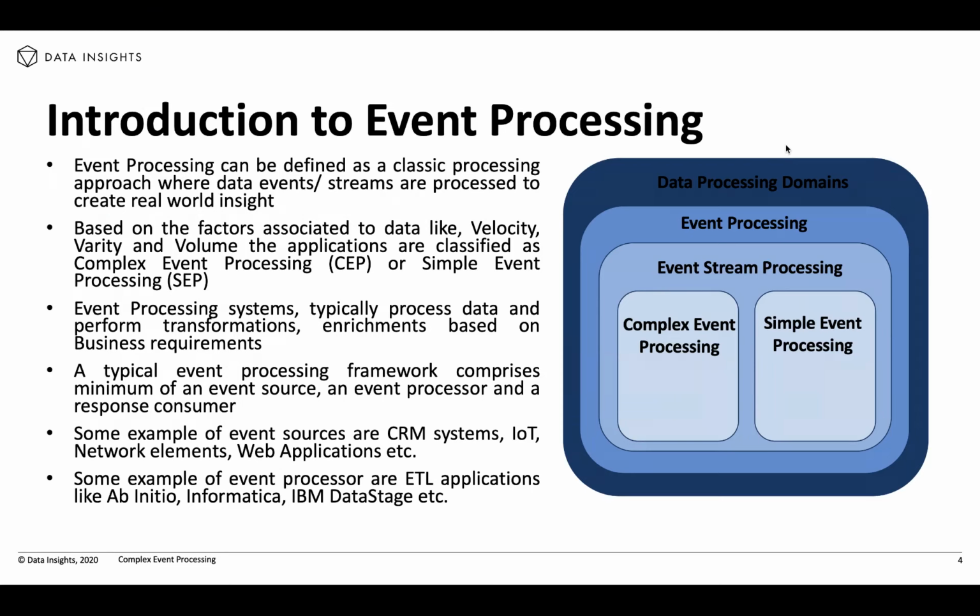Some examples of ETL applications which can be used to do these kinds of jobs are Informatica, Ab Initio, and IBM DataStage. Here I have just coined only three proprietary tools which can do these jobs very well. And later on in the slides, we'll see that there are a lot more tools available in the market which can achieve the same purposes.